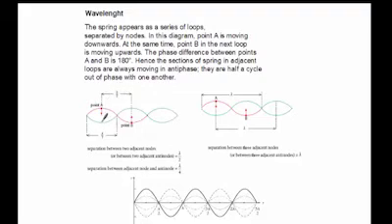So we will find that the wavelength for a standing wave is the separation between 3 successive antinodes or 3 successive nodes.